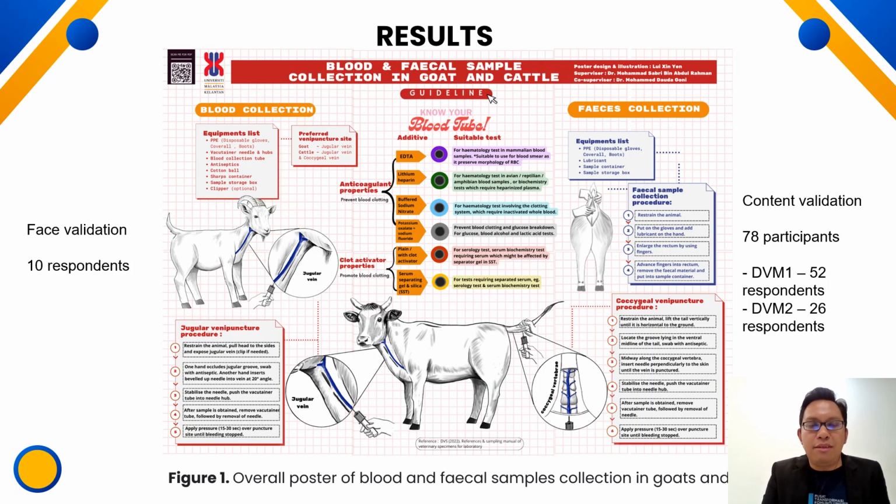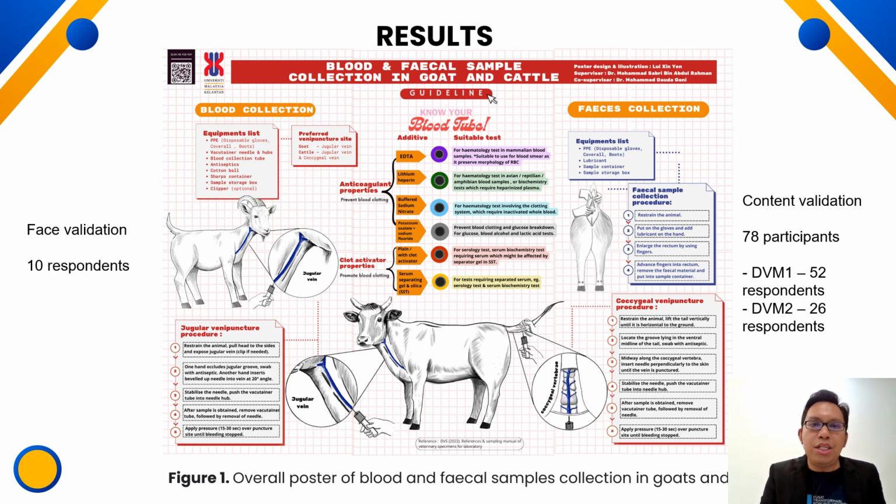And this is the result. Figure 1 shows the overall poster with the details of blood and fecal sample collection, consisting of the types of blood tubes, equipment needed, and procedures of blood and fecal sample collection in goats and cattle. The poster was used for phase and content validation.